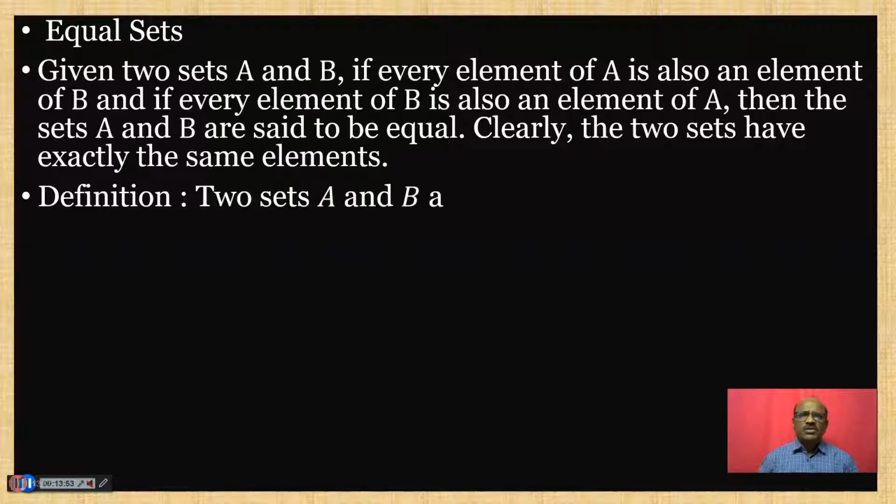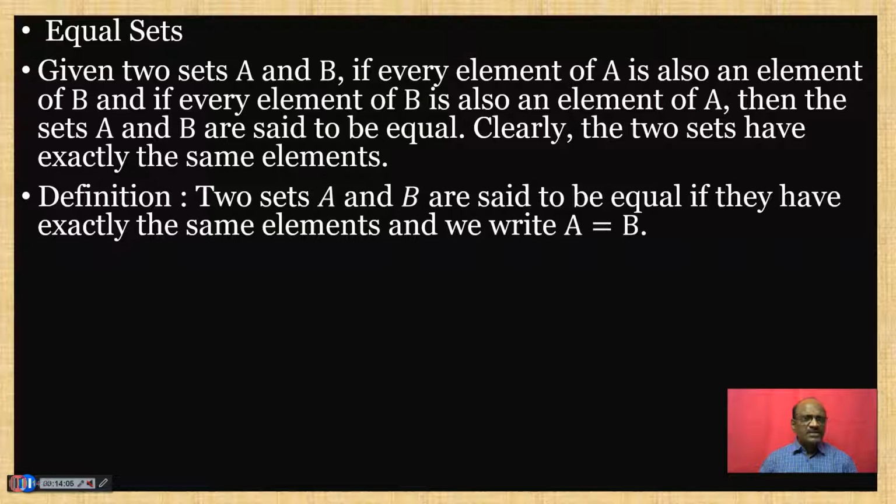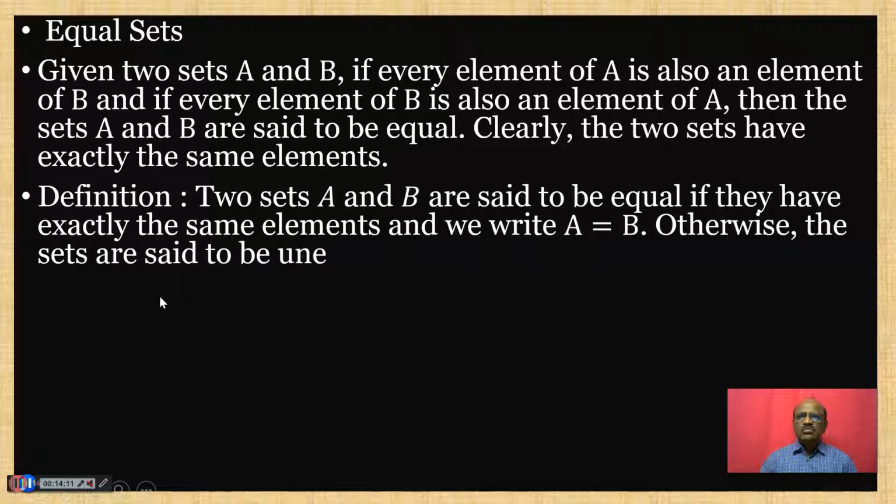Definition: two sets A and B are said to be equal if they have exactly the same elements, and we write A equals B. Otherwise, the sets are said to be unequal, and we write A is not equal to B. This is the symbol for unequal.